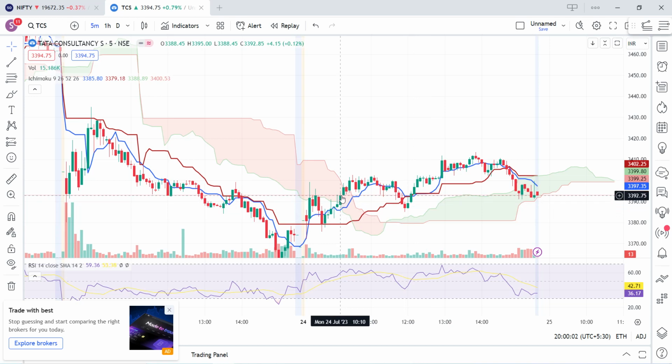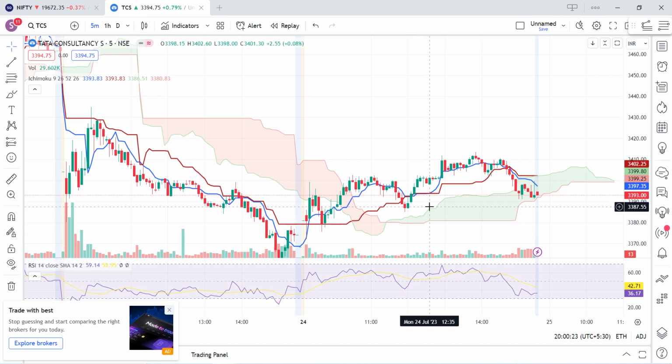If I take it here or here, again it comes down and gives a stop loss, but I didn't take a trade today. Why? Because Nifty is in corrective mode, so I didn't touch any equity stocks.